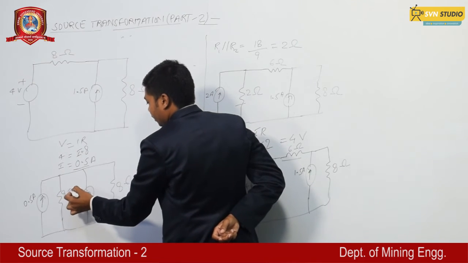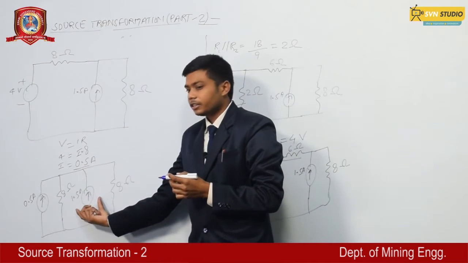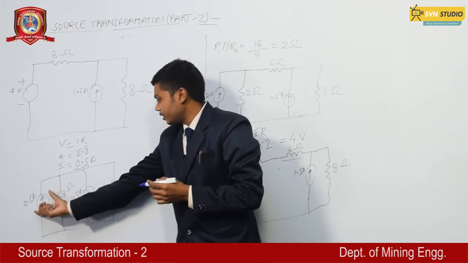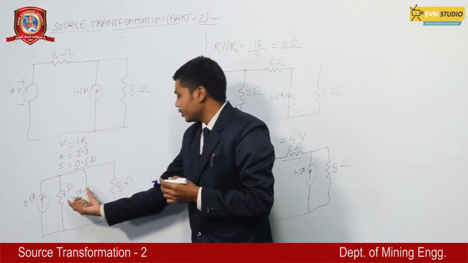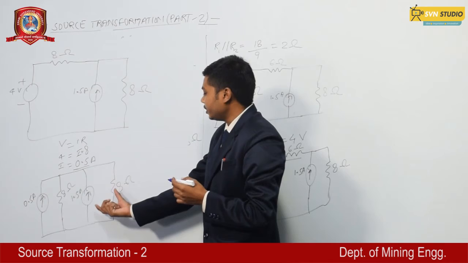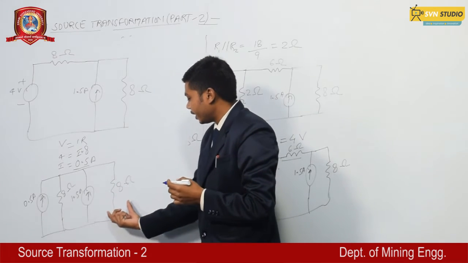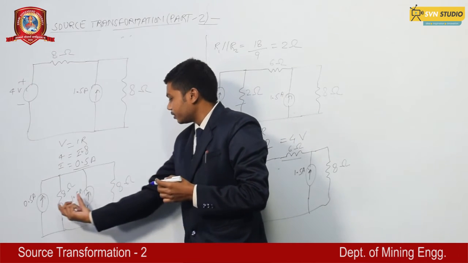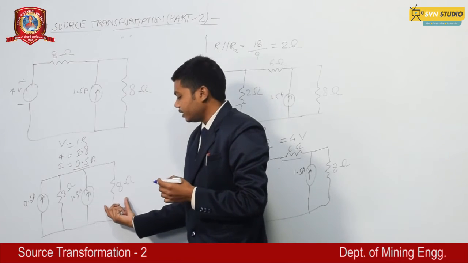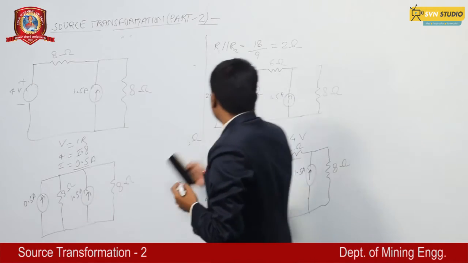Here also is 8 ohm. Now, we have seen that two current sources are there and the direction is the same. So, these will add up and become a single source of current, and we can see that two resistances are connected in parallel.